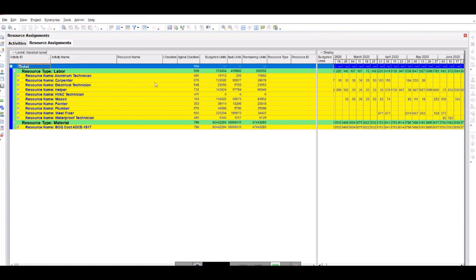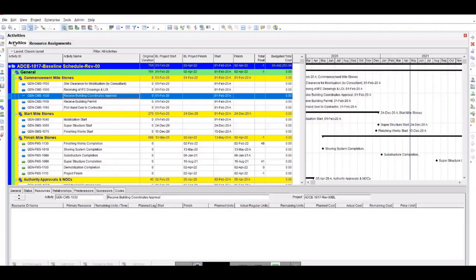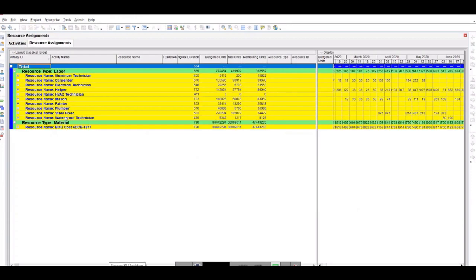Resource management never gives you the performance of whatever has been done, while earned value gives you the performance of whatever has been done in the project, whether it is a good thing or a bad thing. So if we want to monitor the quantities or the non-labor units, we need to go into resource assignment, and we can do resource management for them, not earned value. So this is also the criteria.